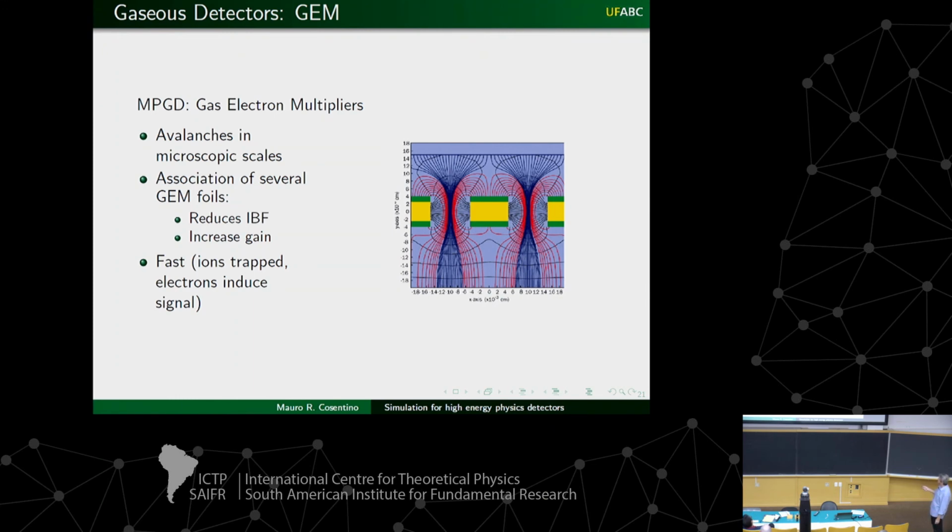Also, these detectors are faster than the typical multi-wire chamber, because the signal in the multi-wire chamber is basically from the drift of the ions, which is very slow. It's a process that happens on a microsecond scale. Here, once you finish your multiplication, you take all the electrons that you have created and you induce the signal in nanoseconds. So it's very fast.